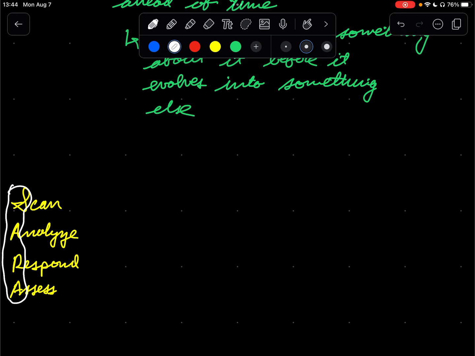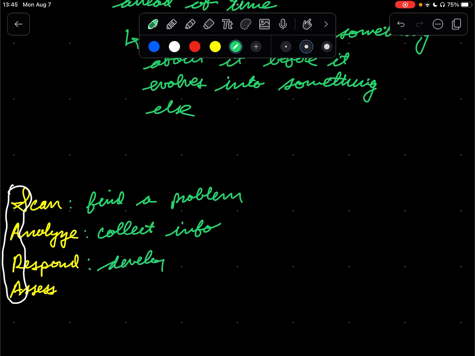When we think of the scan step, this is where we're trying to find a problem. When we analyze, we're collecting information about a situation. Responding is where we develop or implement something that we think is going to work.